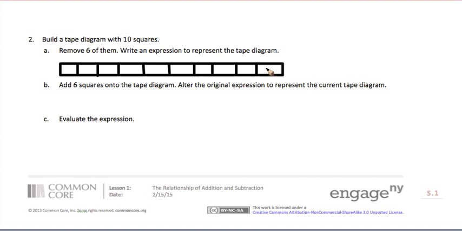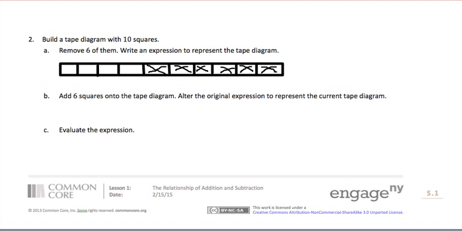So we have 10 squares, and if we then remove 6 of them, there are 6. The expression that we would write for that then would be 10 minus 6.